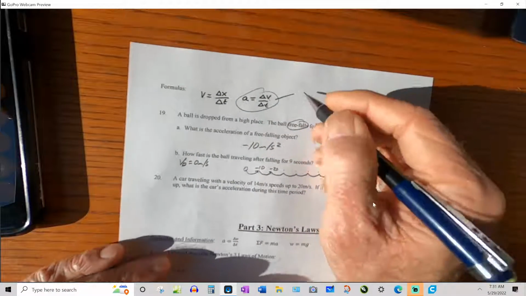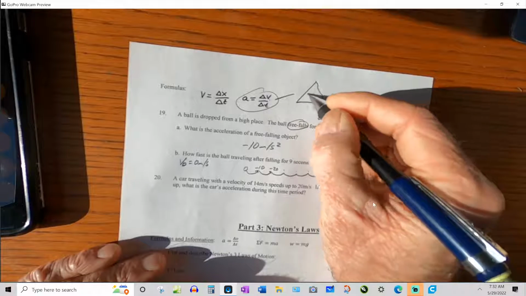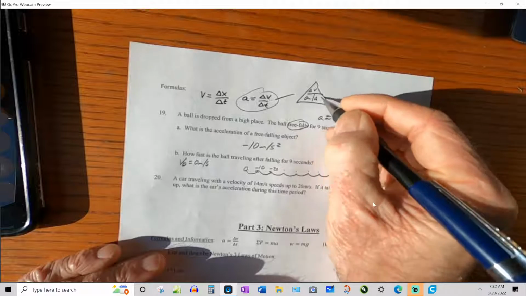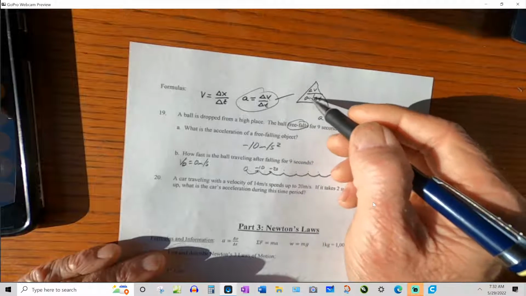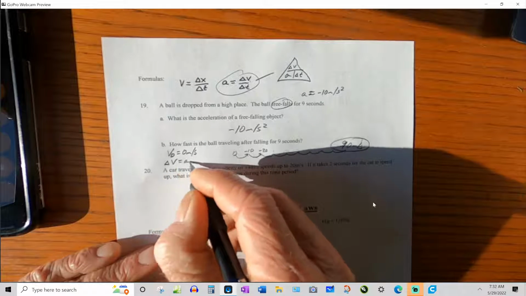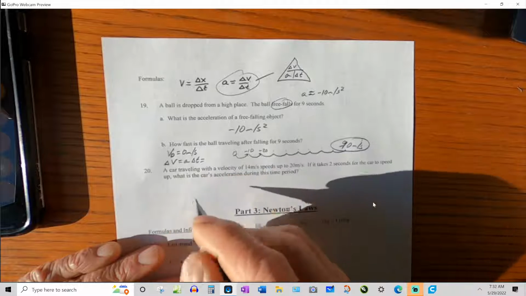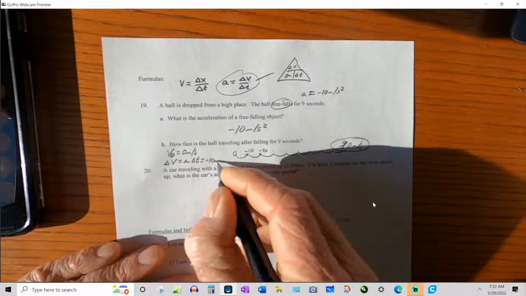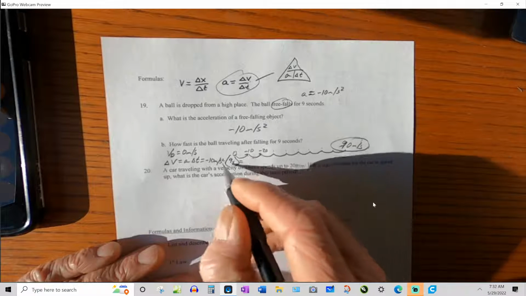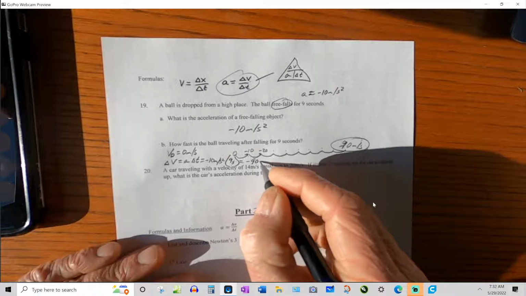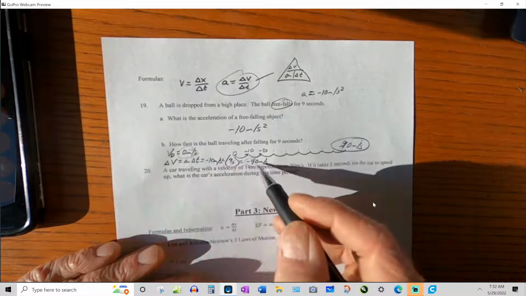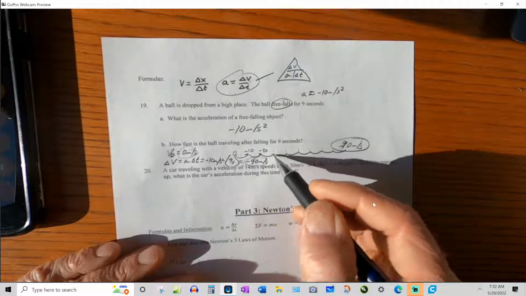So we can rewrite this as delta V over delta T. If I want change in velocity, it's just A delta T. Delta V equals A delta T. And the acceleration is -10. And the time is 9 seconds. So 9 times -10 is -90. So if it starts out at 0 and it changes by -90, you're going to end up at -90.